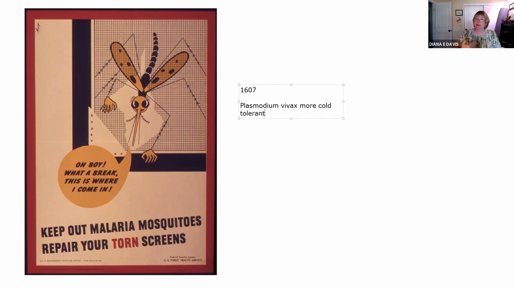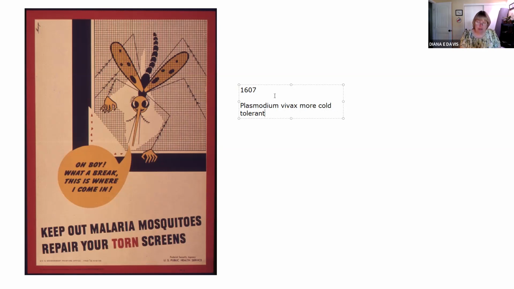That's the milder strain of malaria. Falciparum is the deadlier kind, and it just cannot tolerate cold climates. So while Falciparum probably came over, it never really established in Europe or the United States.